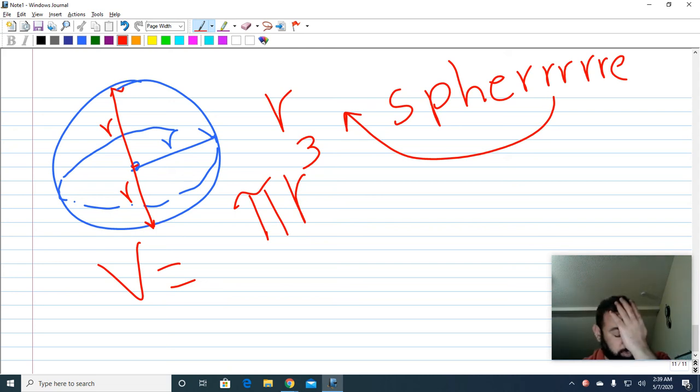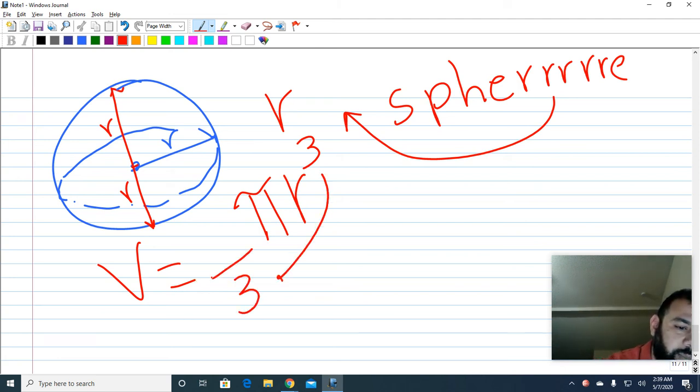Pi r cubed only? No. Let's use this 3 here and put a 4. Yeah, I know it's so weird. It's not the time now to explain how we derived it, but V equals 4 over 3 pi r cubed. Remember that the sphere needs only r.